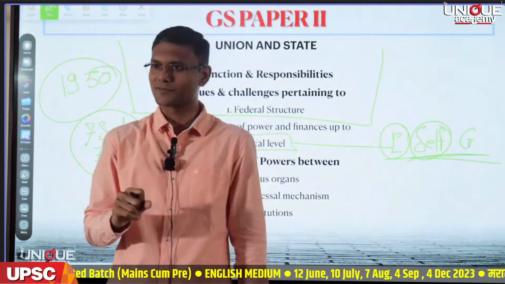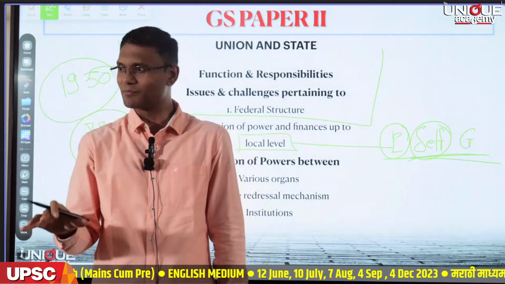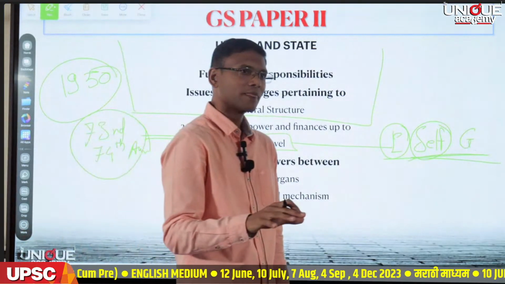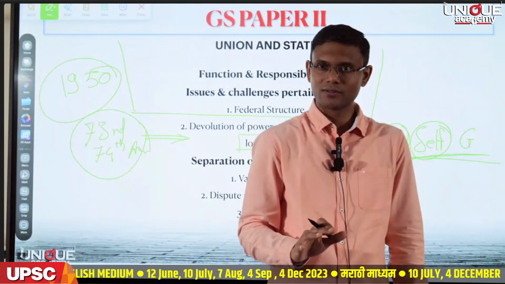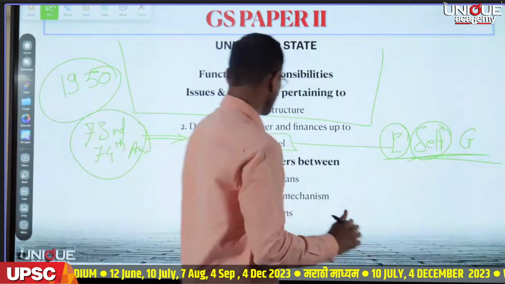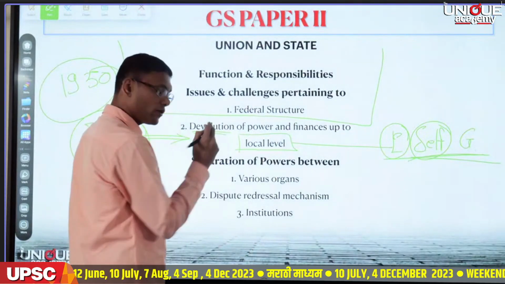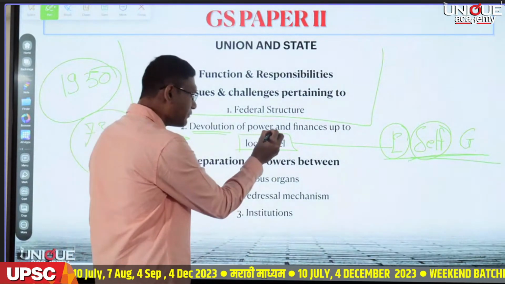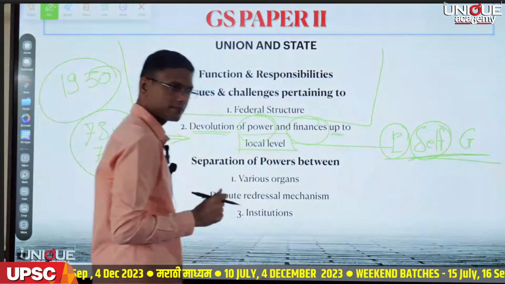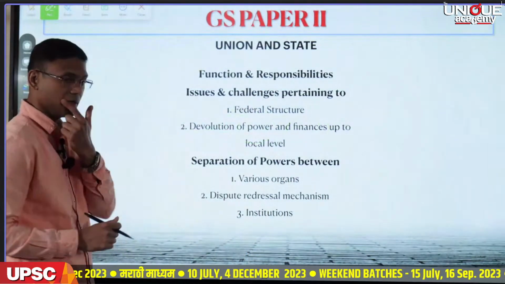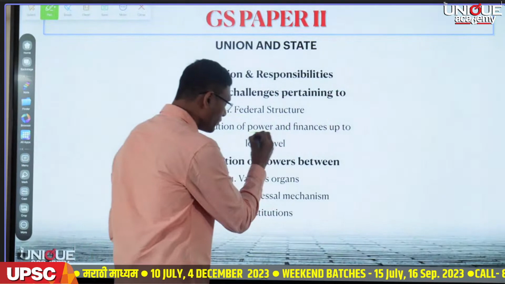Self-government is important. Local is already there, identified as municipalities and then Panchayati Raj institutions. You must be knowing that. Yes or no? Right. What we need to prepare is devolution of powers and finances up to the local level. What do we need to prepare? Devolution of power and finances.